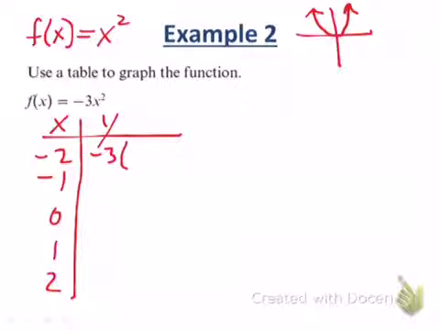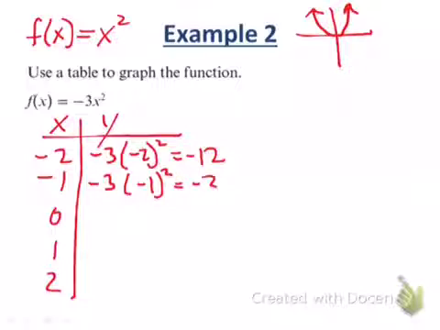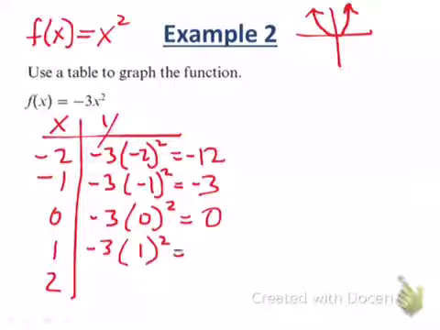Negative 3 times negative 2 squared is equal to what? Negative 12. All right. Negative 3 times negative 1 squared is negative 3. Negative 3 times 0 squared is 0. Negative 3 times positive 1 squared is negative 3.